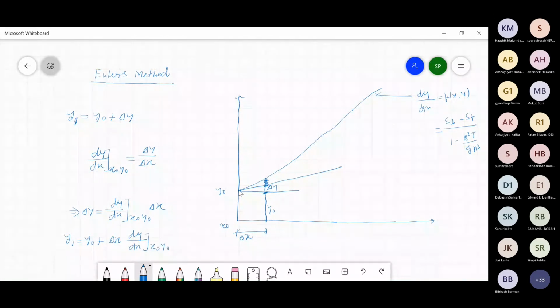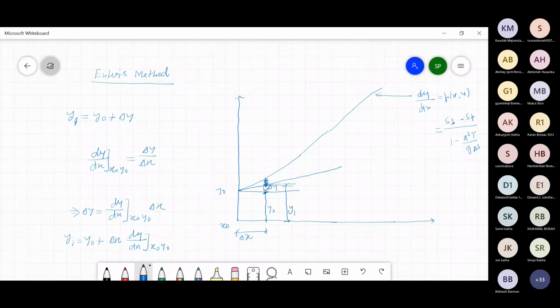But see, he ignored this value. That means up to this much, in this method, this is your y1. So this value is ignored here.